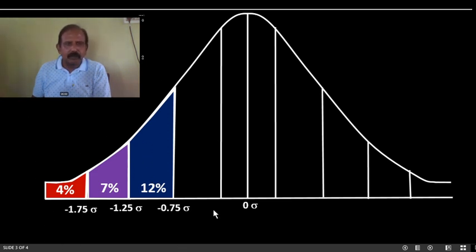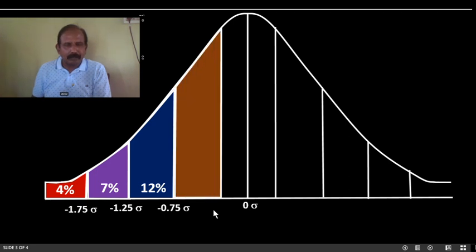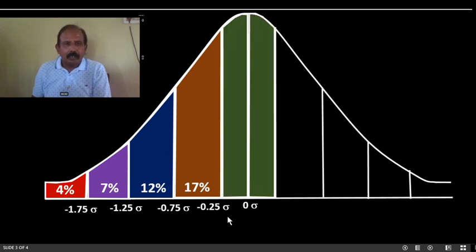After these 23% of the observations, 17% of the observations are found between minus 0.75 to minus 0.25 sigma. After these 40% of the observations, 20% of the observations, lying at the middlemost of the curve, are found between minus 0.25 sigma to 0.25 sigma.